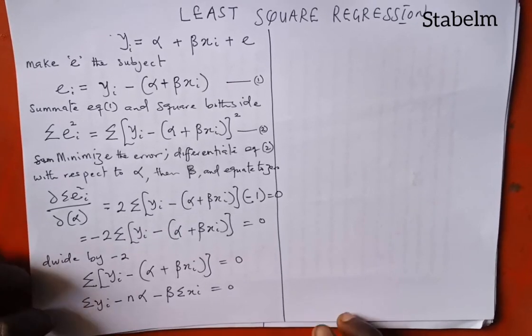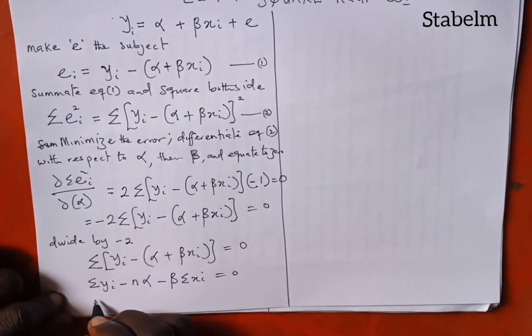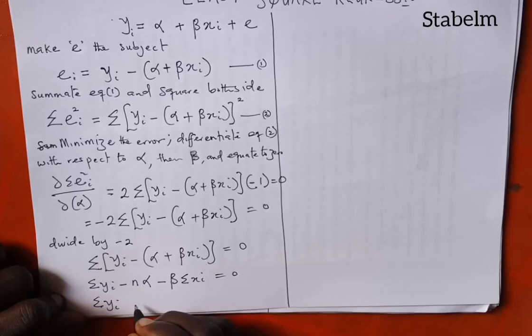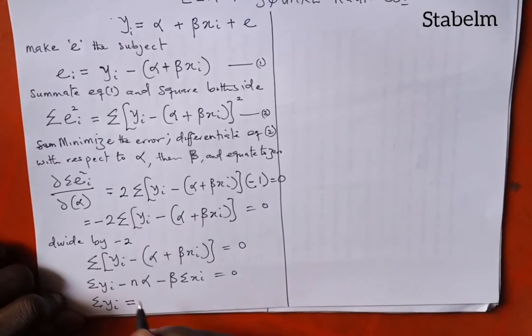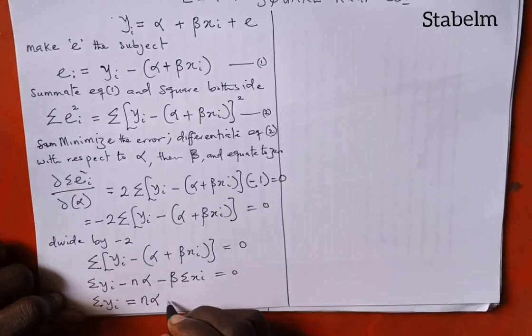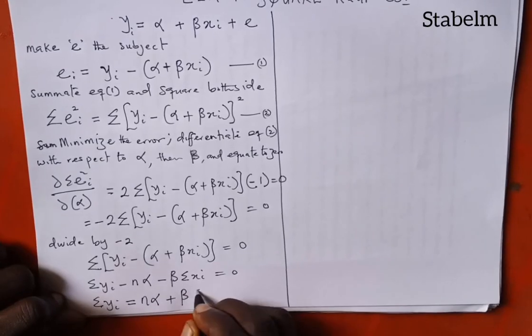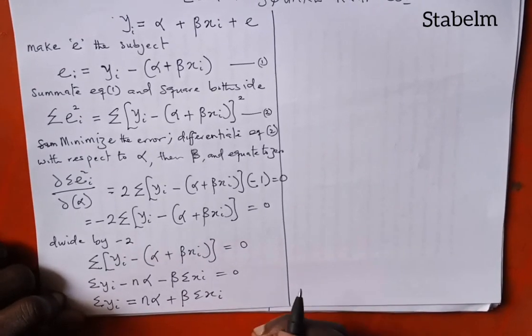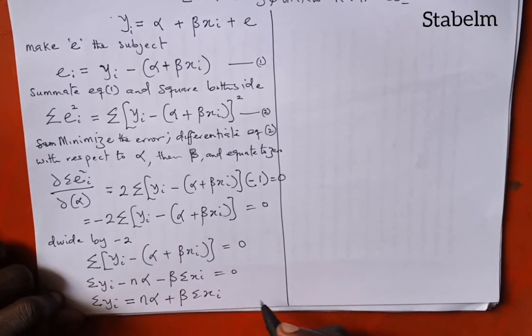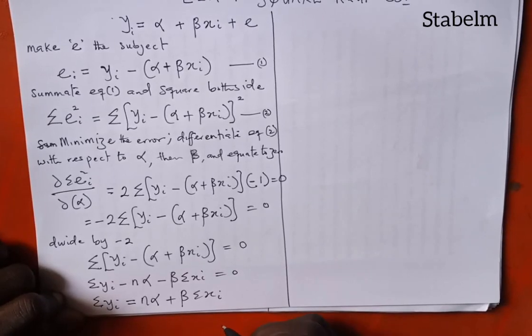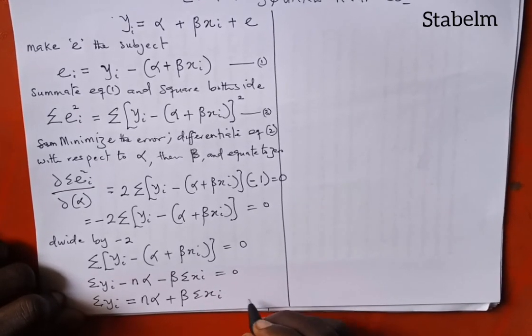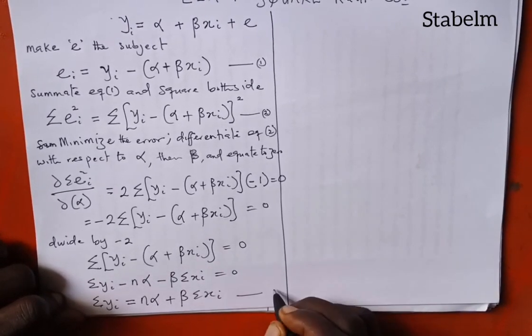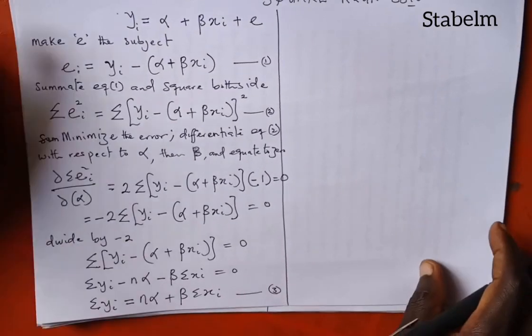We have summation y subscript i equals n alpha plus beta summation x i. You can call this one equation 3.